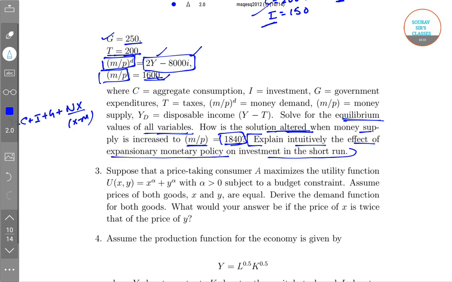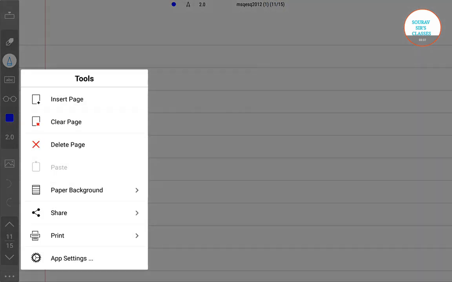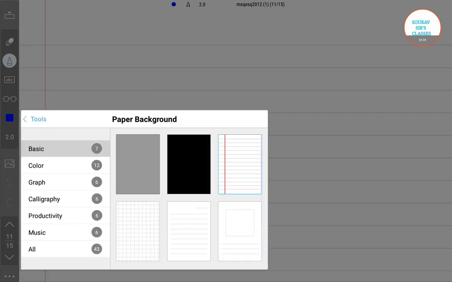Now for this allow me to take another page. I'd like to insert a page to solve this question.